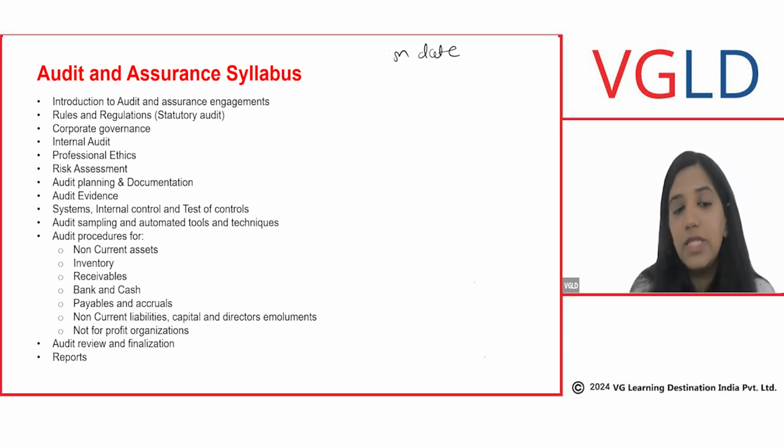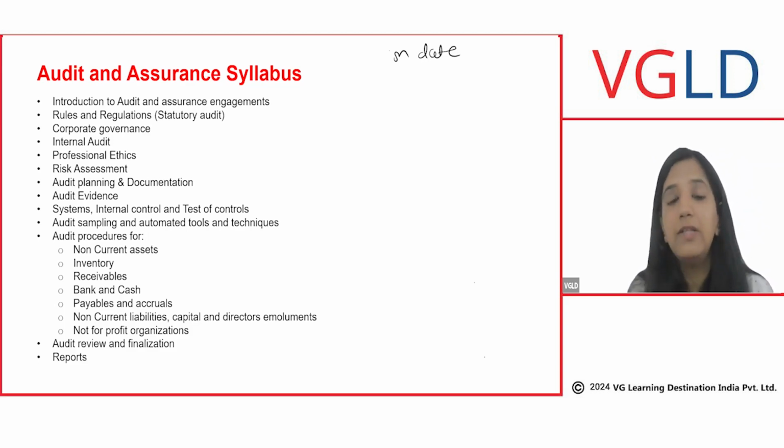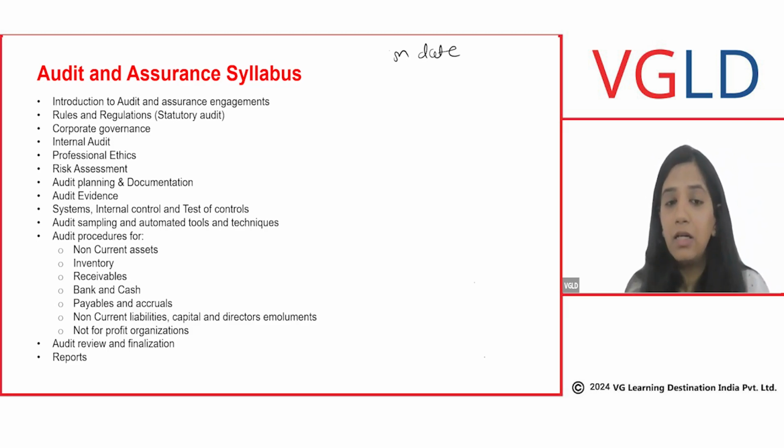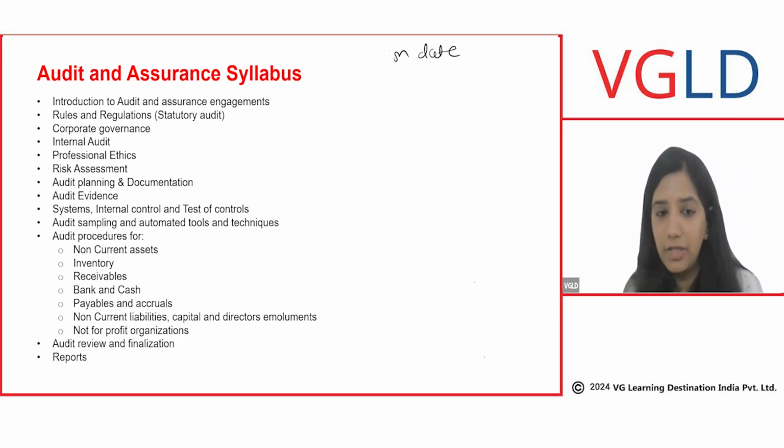Systems, internal controls, and test of controls. Sometimes it is just test of designs, wherein you see whether the designs that are in place are apt, or do you need to redesign your controls? Because there is a particular activity in an organization happening from point A to point Z, right?